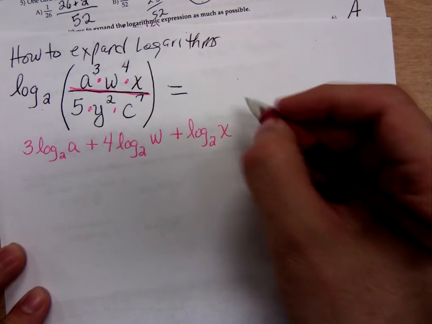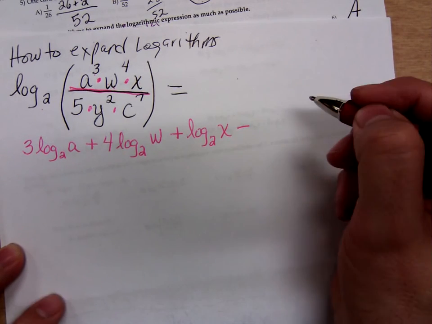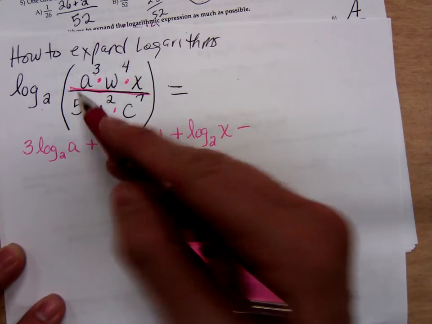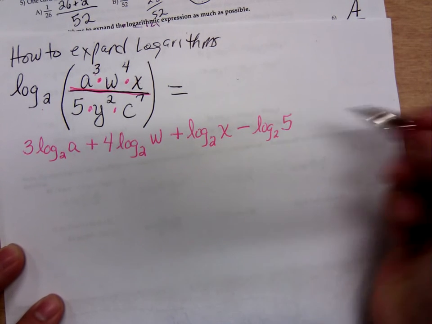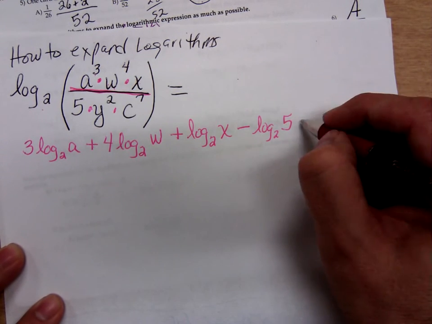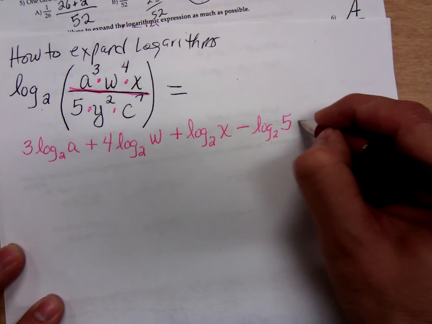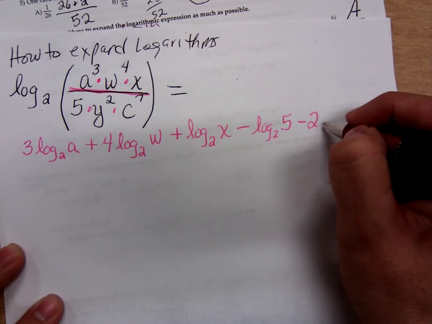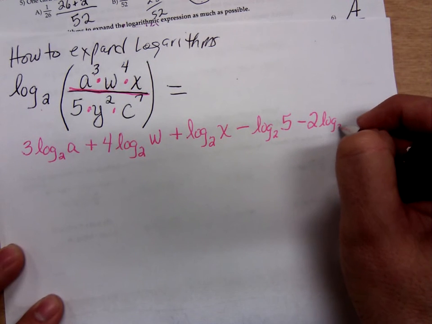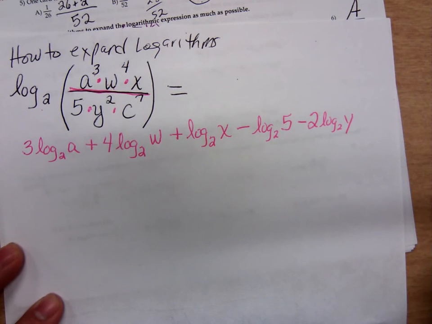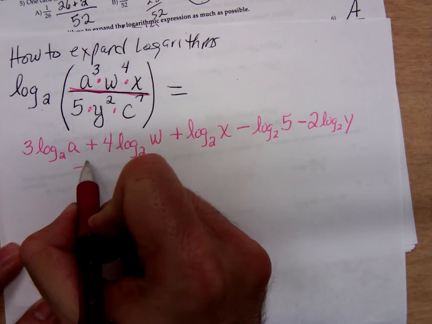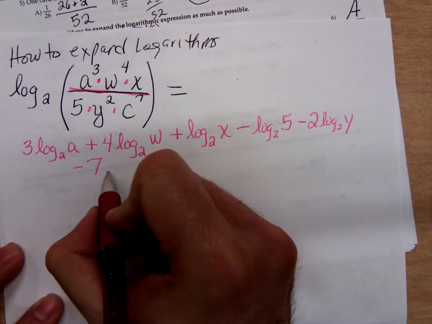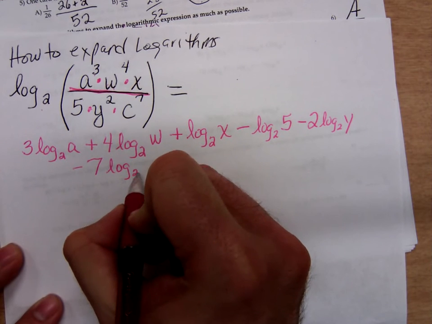The 5 is on the bottom, so we say minus. Now the 5 doesn't have an exponent on it, so it's just log base 2 of 5, then a minus 2 log base 2 of y, and I'm about out of room. I'll just say right here, minus 7 log base 2 of c.